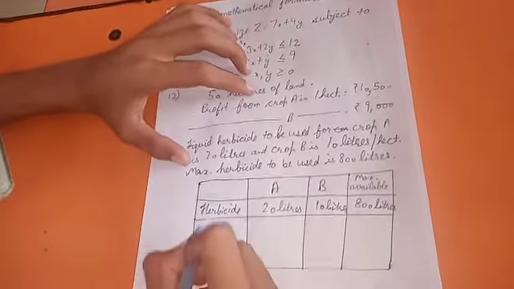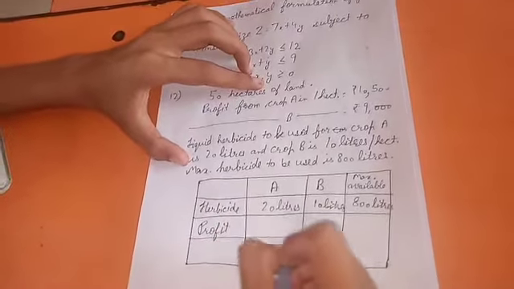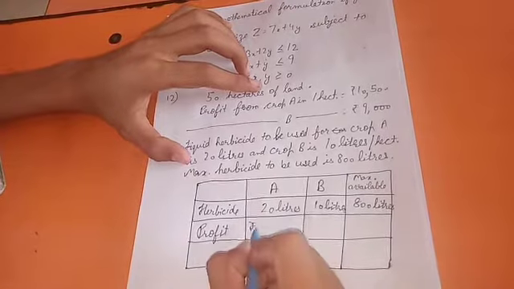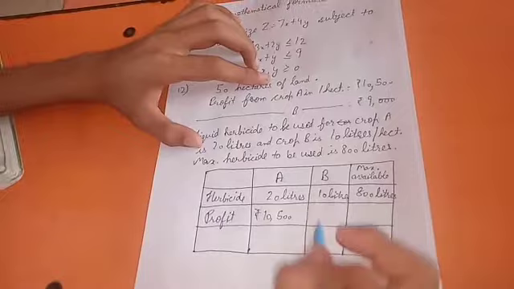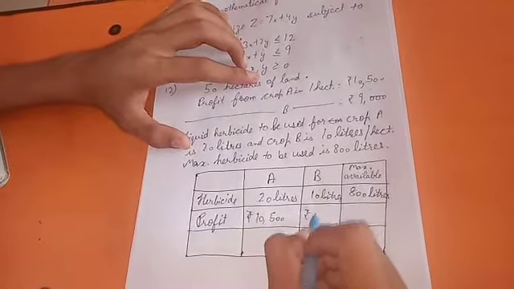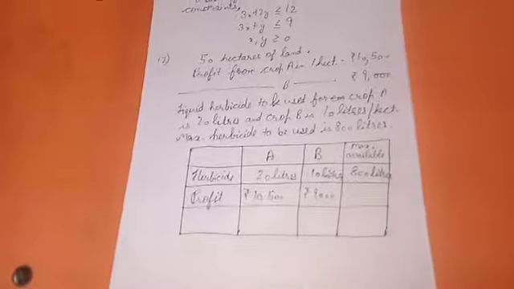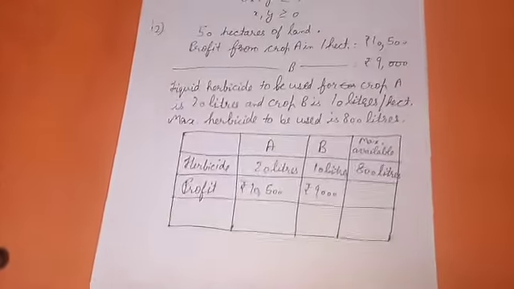Then profit from crop A is rupees 10,500 per hectare, and it is 9,000. All the information that is given to us is in per hectares.